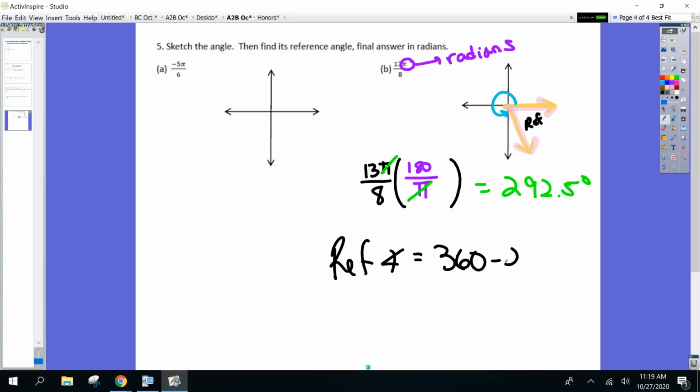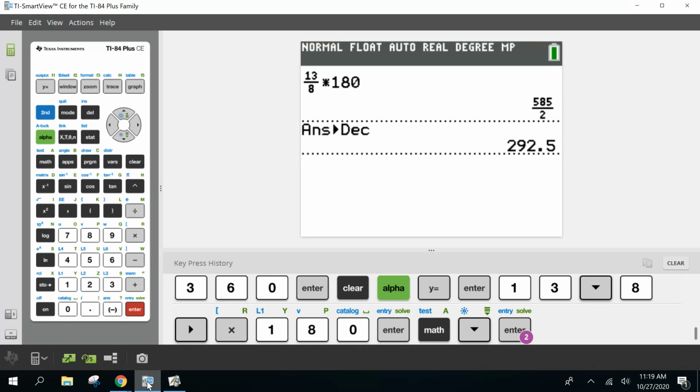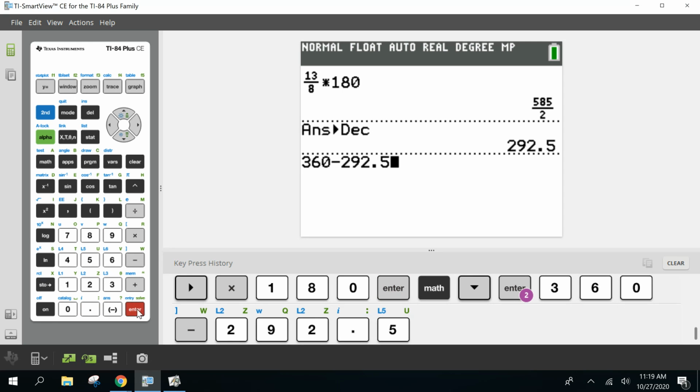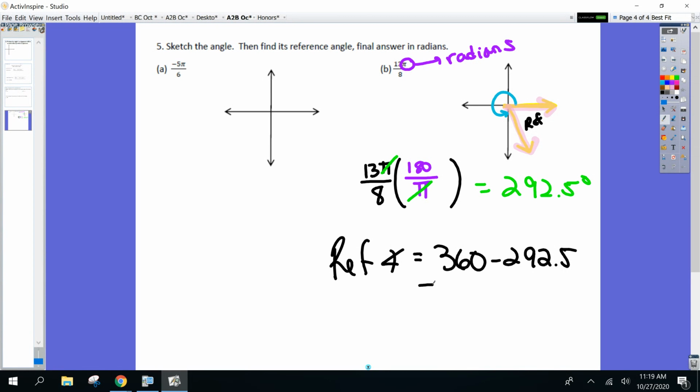Subtract. Good job. Never use 90, never use 270 when working with reference angles. So 360 minus 292.5 is 67.5 degrees.